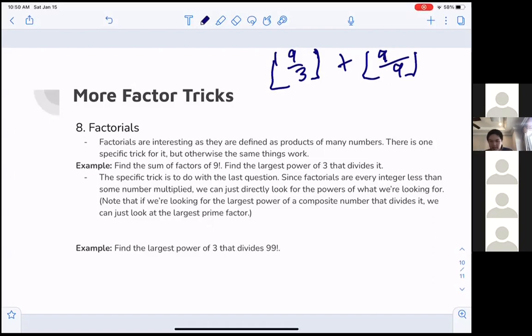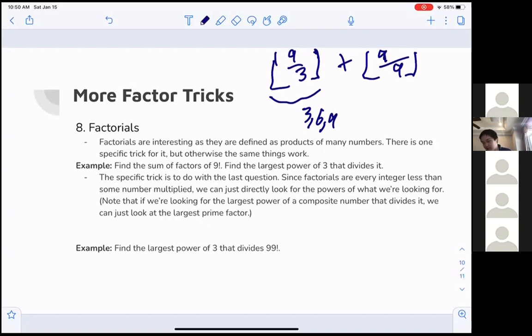Anyways, why does this work? What does this represent? This counts the multiples of 3: 3, 6, 9. Not only that, it accounts for 1 power of 3 from each of them. 3 has 1 power of 3, 6 has 1, and 9 has 1.